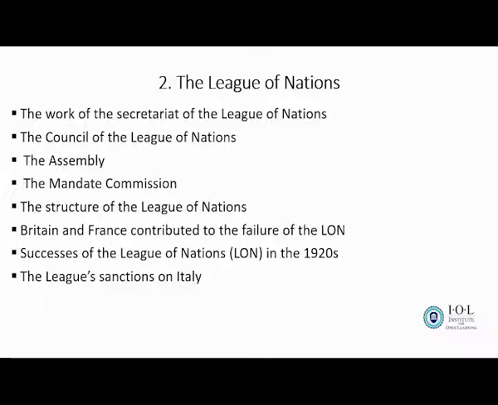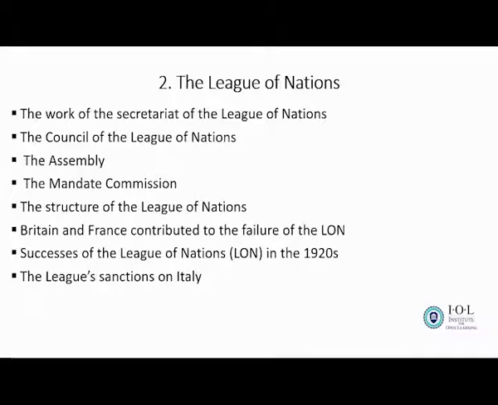So how did the League of Nations solve the dispute? They said that the island would be given to Finland, the Finnish people, while the interests of the Swedish would be taken care of by the League of Nations. That was a success. And then we have another dispute, Upper Silesia.